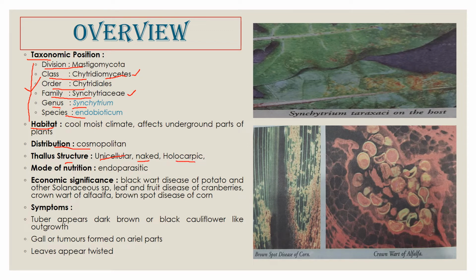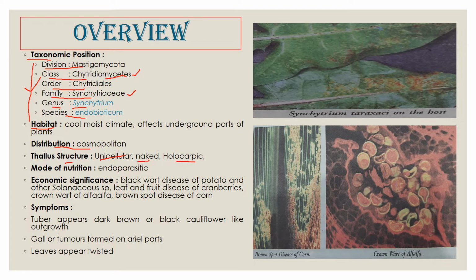Now, holocarpic fungi are those where the somatic phase, that is the growth phase, and the reproductive phase do not occur at the same time. One follows the other. That is, at first there is the growth phase, then the entire cell or entire hypha converts into the reproductive phase.